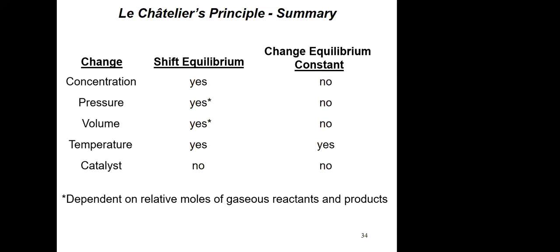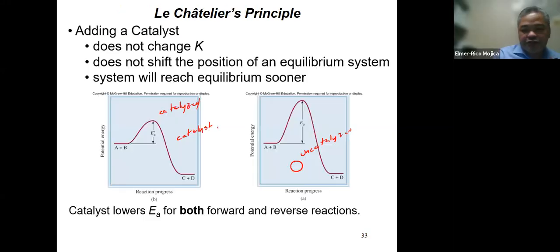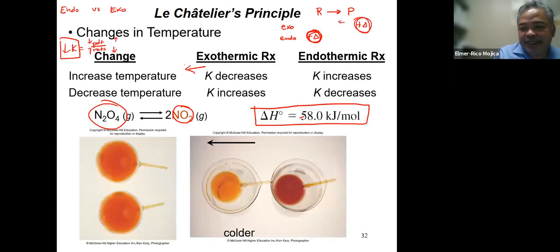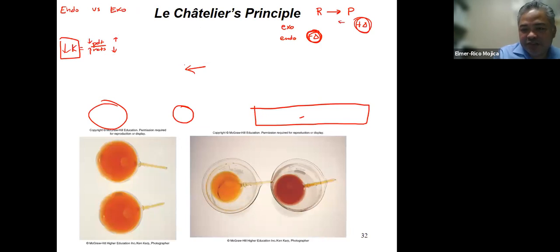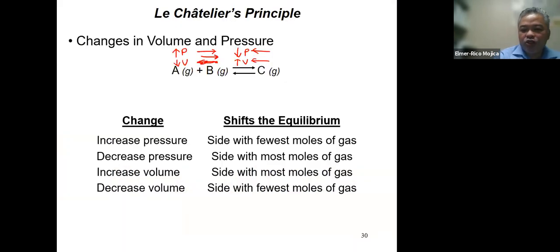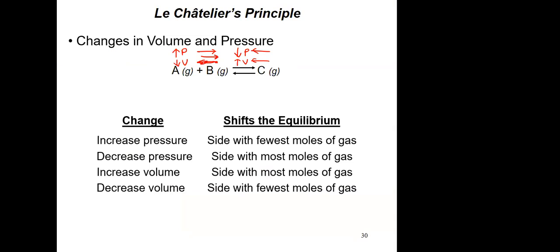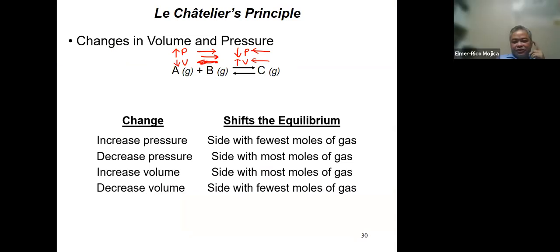Professor, could you go back to the pressure, because I was confused when you used the equation to explain. So in the pressure, all you need to do is look at which side is less. If you increase the pressure, what happens to the volume? It will decrease. So if you increase the pressure, you decrease the volume.